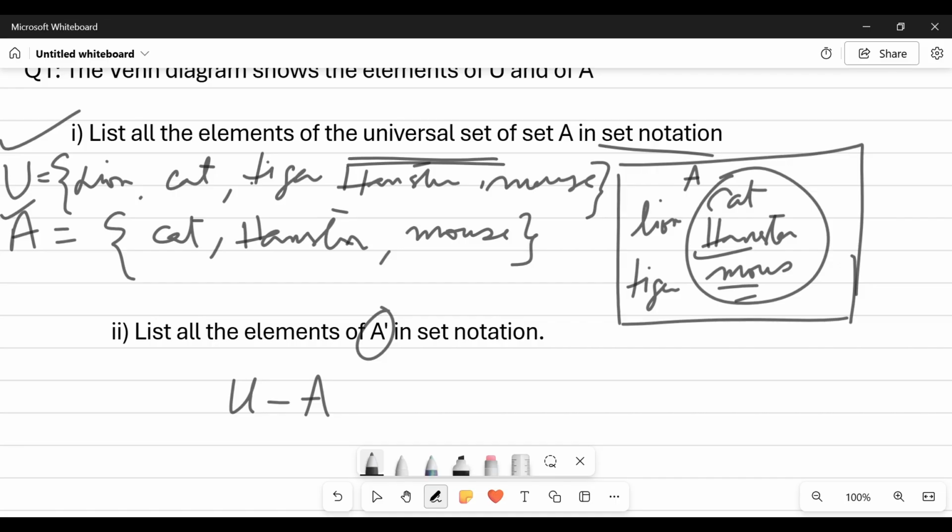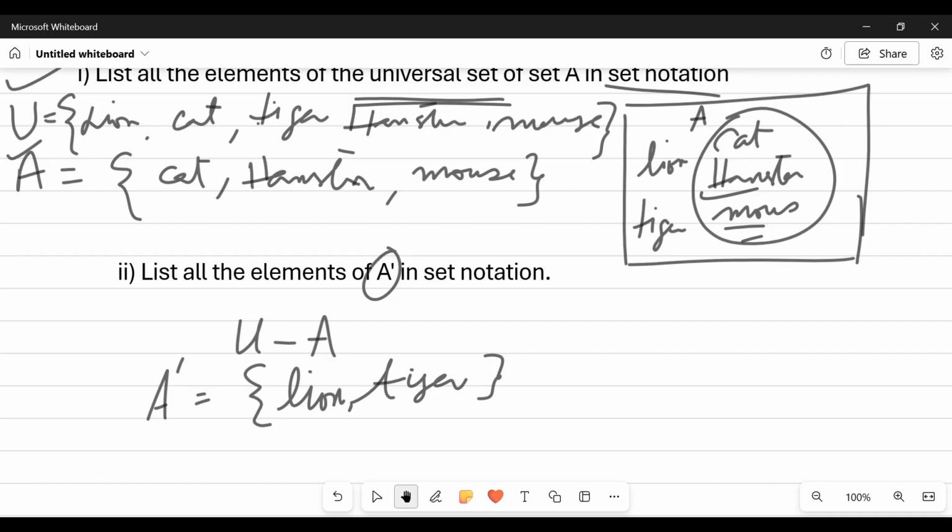So you need to subtract set A from these 5 elements. Cat, hamster, and mouse have been deducted. So what is left? The A complement answer is lion and tiger.